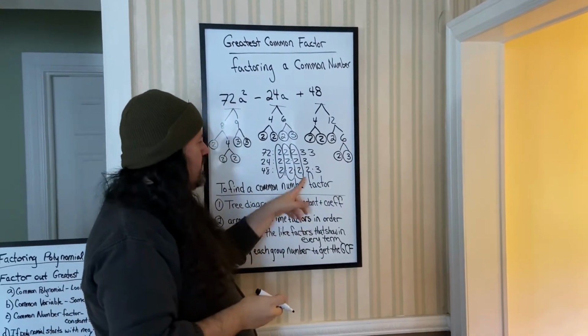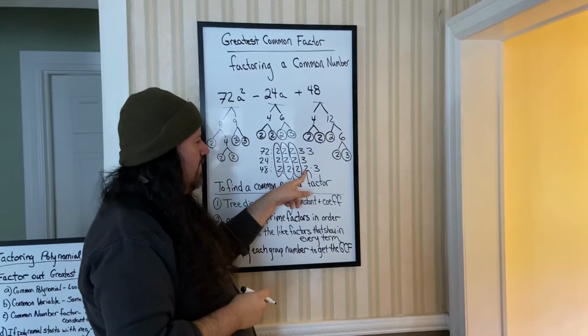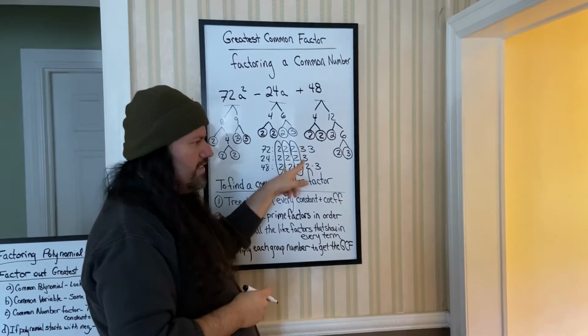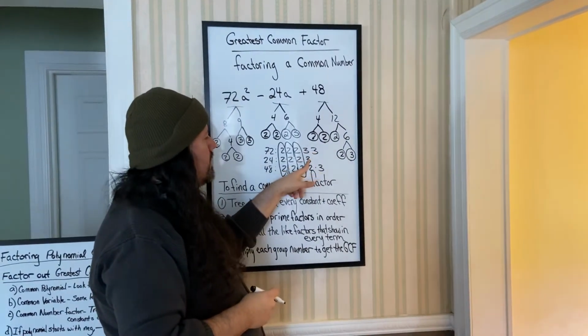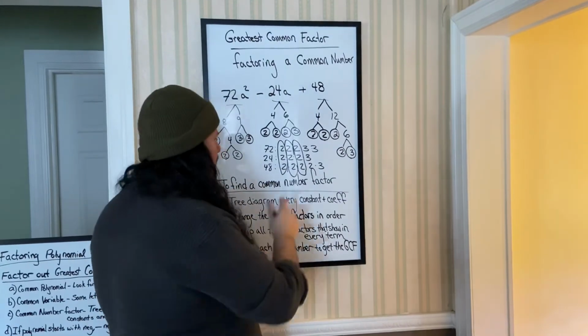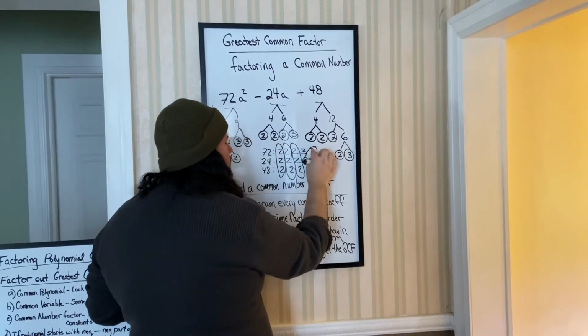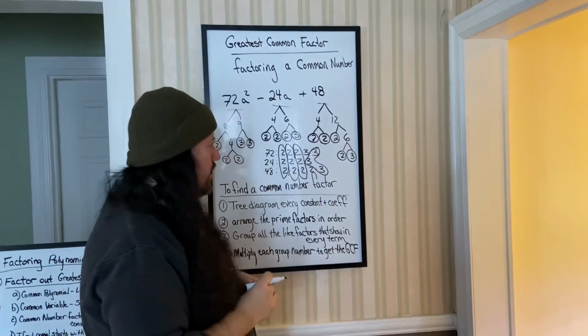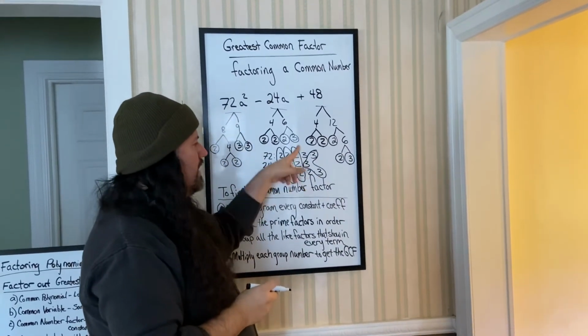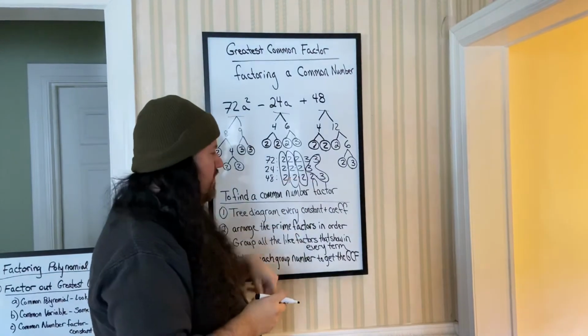But notice they don't have a fourth 2 in common because they ran out of 2s for these guys. But notice they all have a 3 in common. Doesn't matter what 3 you use as long as you see that they all have a 3. So I can see they don't have anything else in common that all 3 terms have.